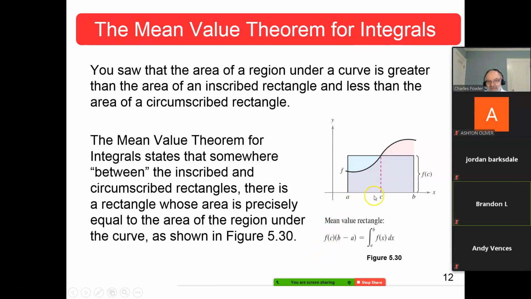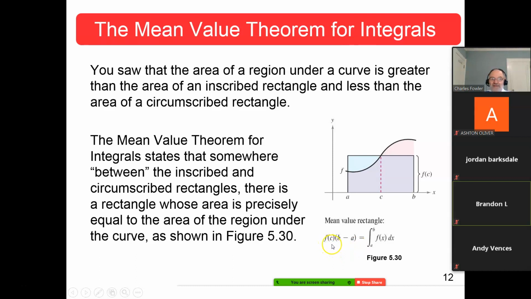f of C is the height of this right here. That's f of C right there, because that's on the curve. Times the length of this, B minus A, that's the length of that rectangle. There's the height of it. This area is the same as the area under the curve, precisely. The thing is, we don't know the C. It'd be nice if we did, but we don't always know what that C is.